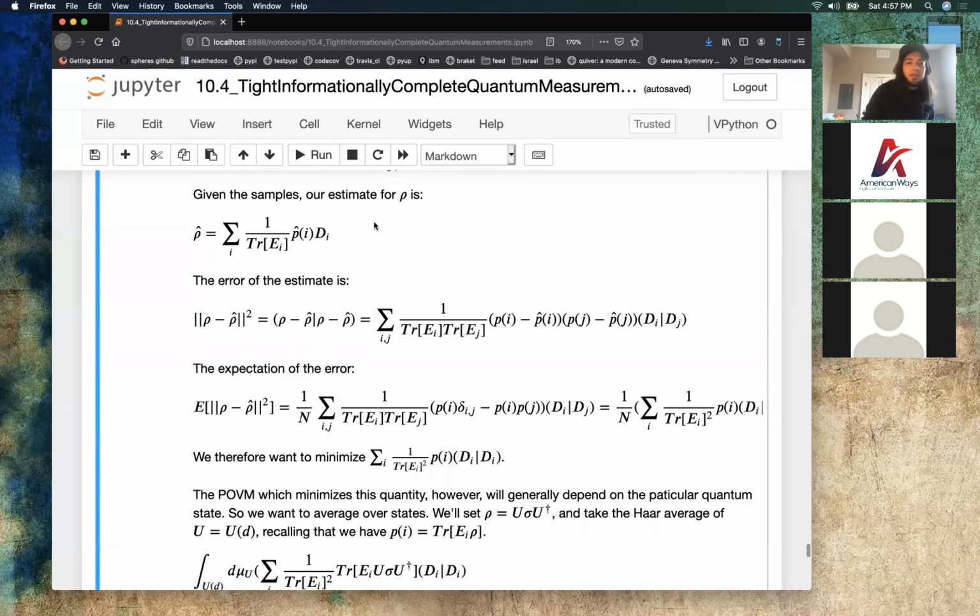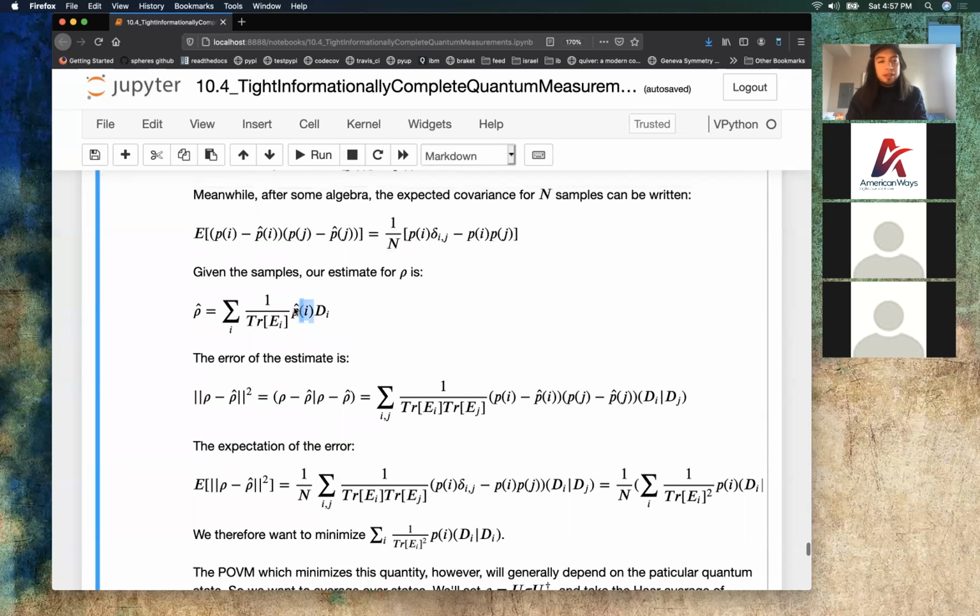So given the samples, our estimate for this density matrix that we're trying to reconstruct is going to be this. Why? Because this P with a hat, those are just the probabilities we're reconstructing. We're doing our measurements, accumulating counts, dividing by the number of experiments that we did, getting these empirical probabilities.